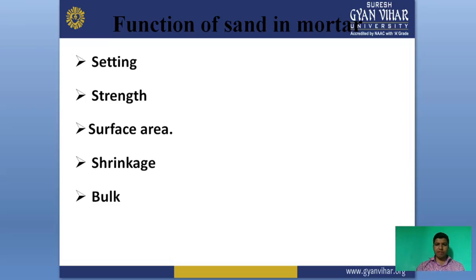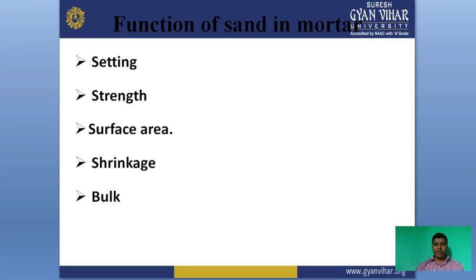What is the function of sand in mortar? Sand is a component of the material used in mortar. The first point is setting. Then it also provides better strength, and third, it covers the surface area, and it also protects from shrinkage and from bulking of sand.